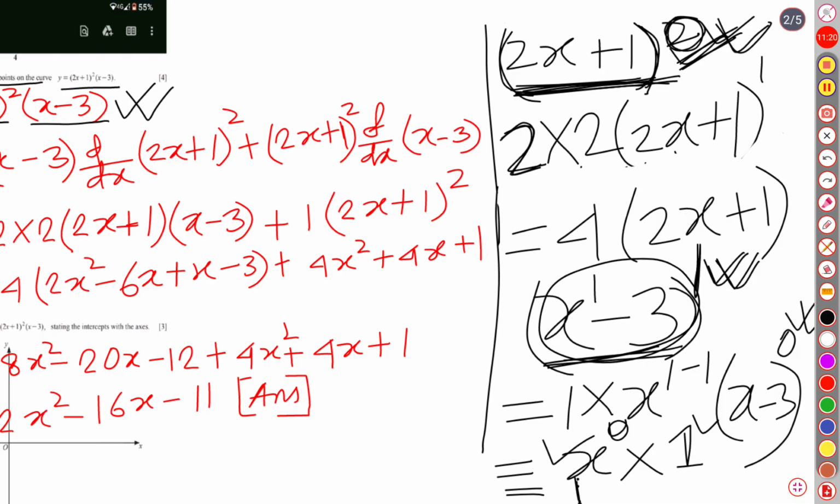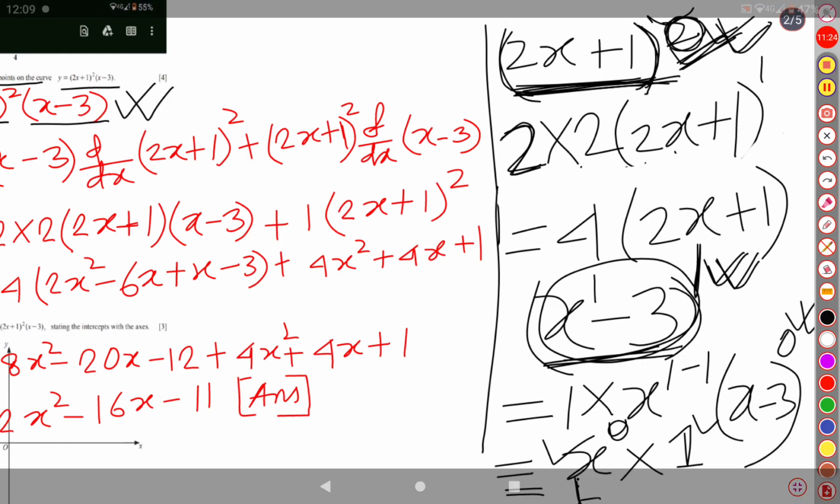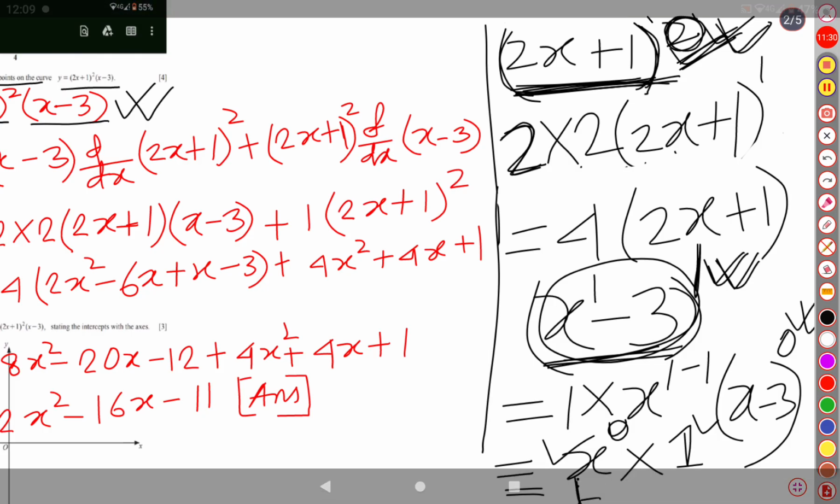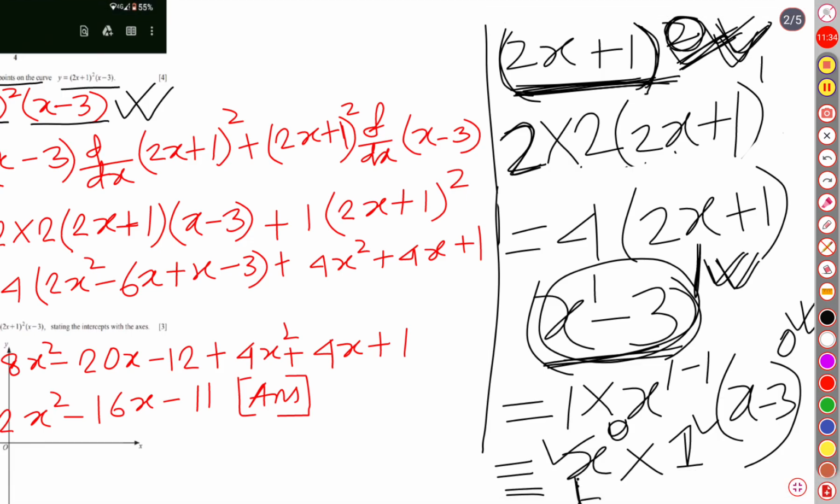So what have we done? First we found the derivative of 2x plus 1 whole square. How did we get this? We have just written the exponent, which is 2. Then from the inner function we find the derivative; the derivative of 2x is 2, as I have already shown a few seconds ago.